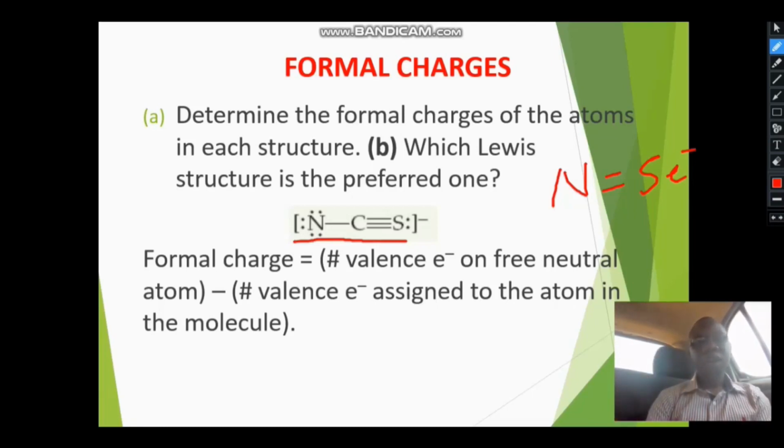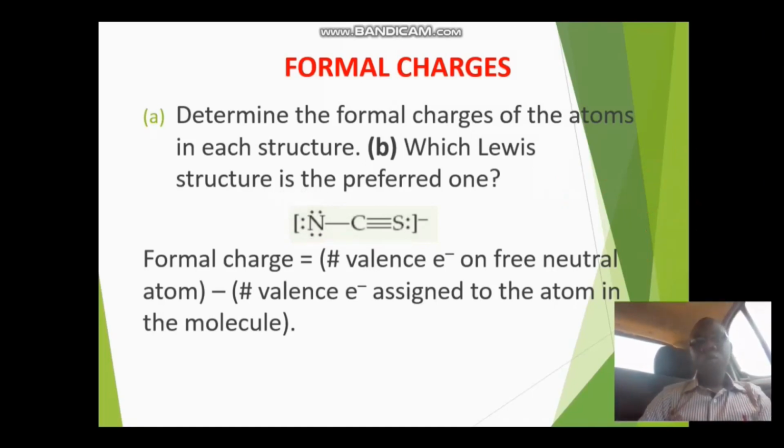Between carbon and nitrogen there is 1 bond, so 1 electron will go to nitrogen, 1 electron will go to carbon. If we count the lone pairs on the nitrogen, we have 3 multiplied by 2, that is 6, plus 1, which will give us 7 electrons assigned to nitrogen. Now if we subtract this, you'll find -2. So the formal charge for the nitrogen in this compound is -2.